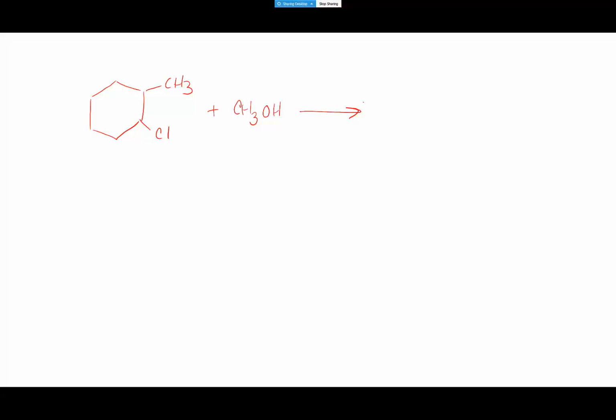Okay. So you're reacting this with methanol, CH3OH, and it's asking you to do the rearranged SN1 and rearranged major E1 product. You're supposed to show the mechanism of that.